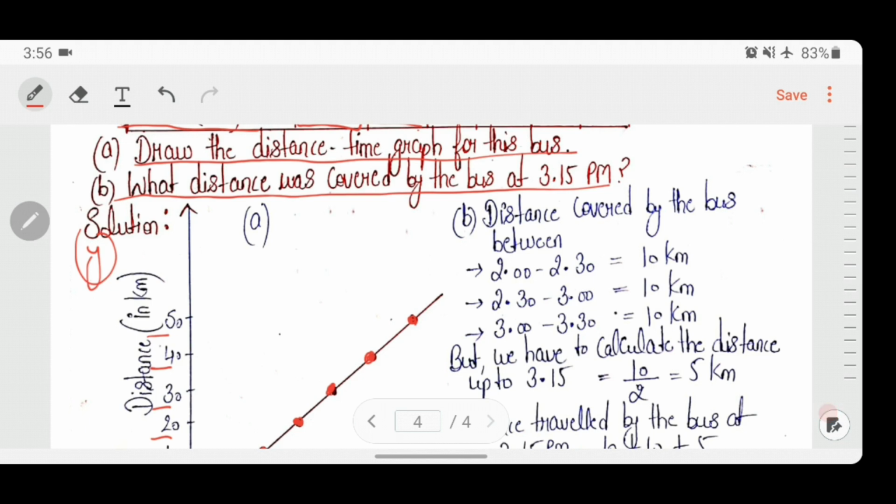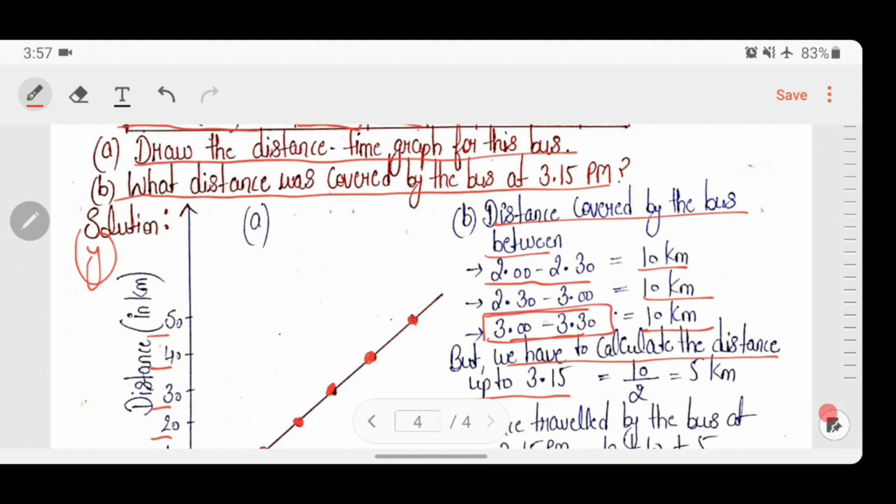The distance covered by the bus between 2 to 2:30 p.m. is 10 kilometers, 2:30 to 3 p.m. is also 10 kilometers, and 3 to 3:30 p.m. is also 10 kilometers. But what we have to find out here is the distance covered by the bus up to 3:15 p.m. So we can simply solve this.